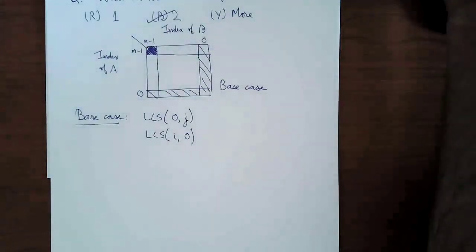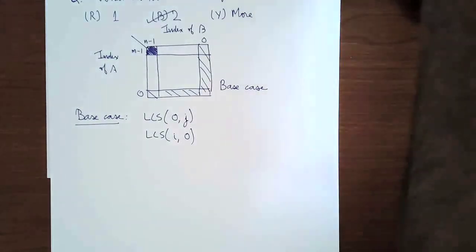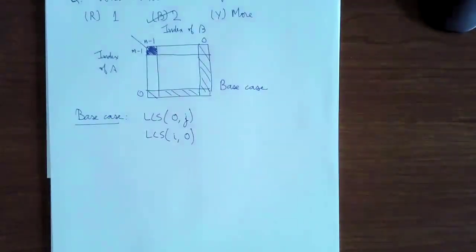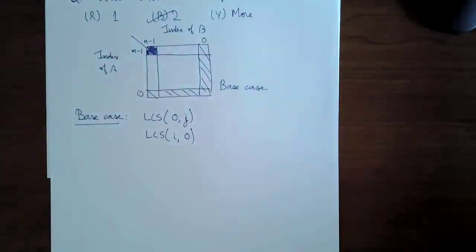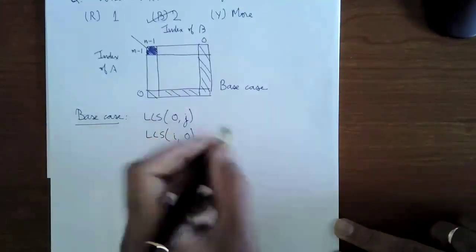As an aside, typically, the number of arguments to the recursive function gives you the dimension of the table. Okay, so how do you solve LCS of 0, j?